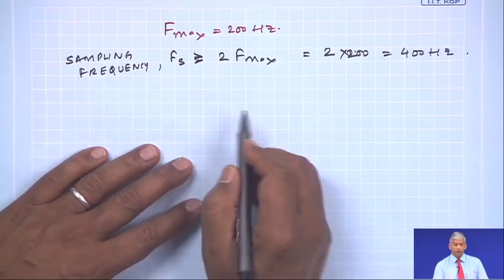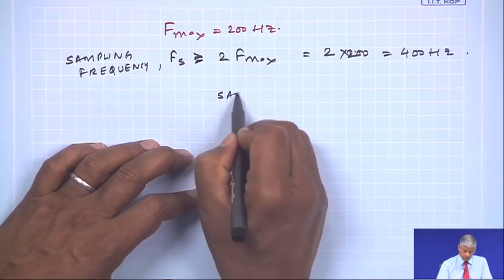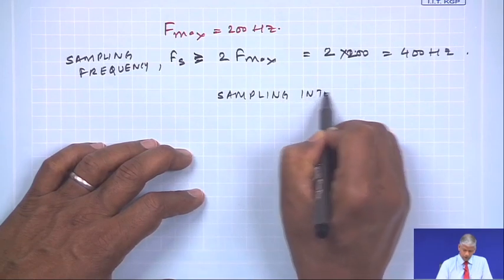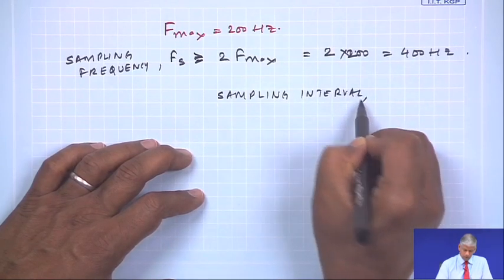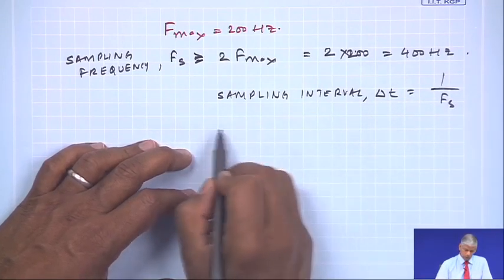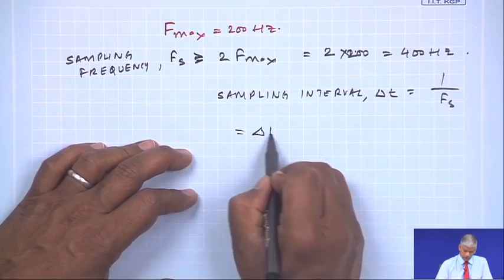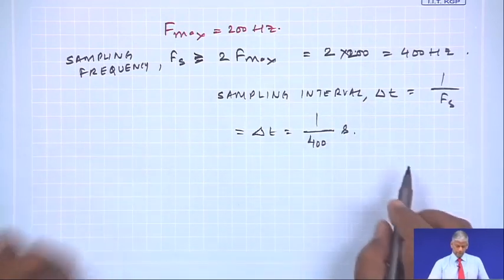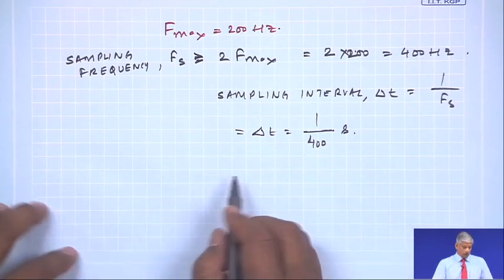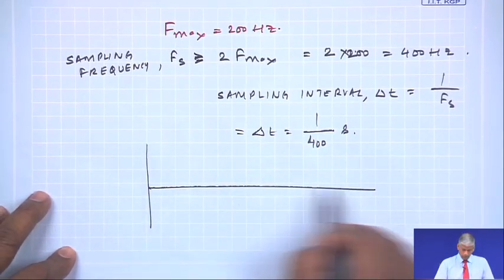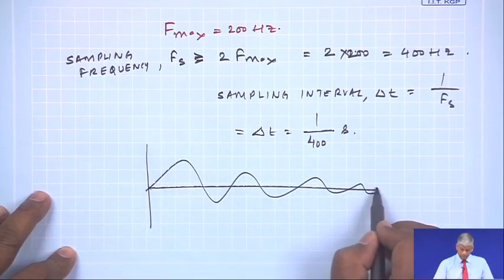So, what is my sampling interval? Sampling interval delta t is nothing but the inverse of the sampling frequency. So, in this case delta t is equal to 1 by 400 of a second. Okay. Now, some signal is to be acquired. Okay.